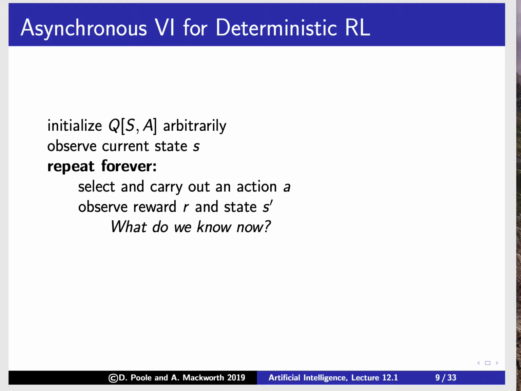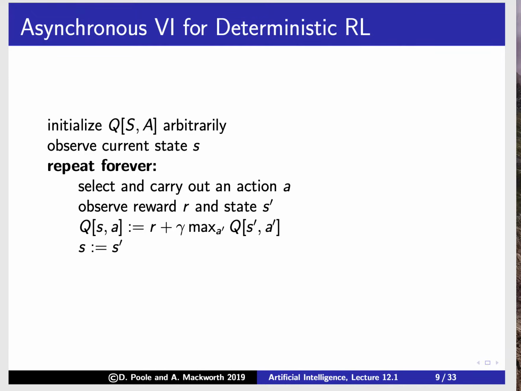If we know this, then because this is deterministic, we know that when we do action A in state S, we receive reward R, and we get to state S prime. Therefore, we can just use the asynchronous value iteration to update Q. So we're going to update Q according to that, and now we're going to change S to S prime.